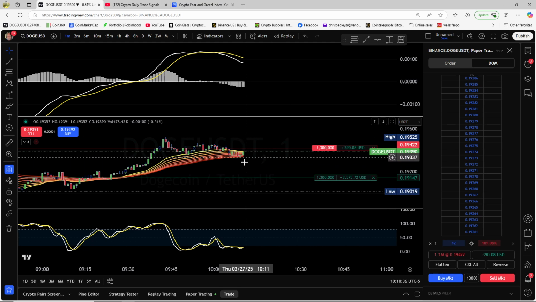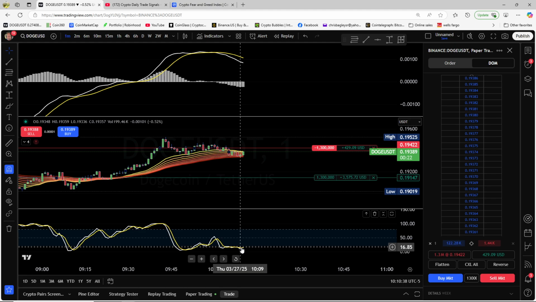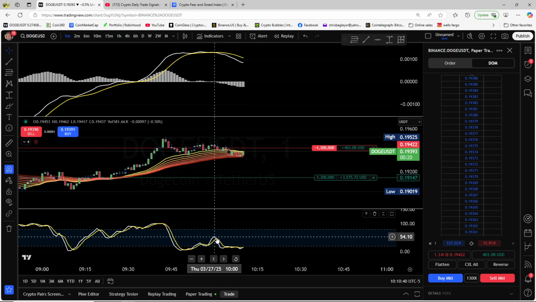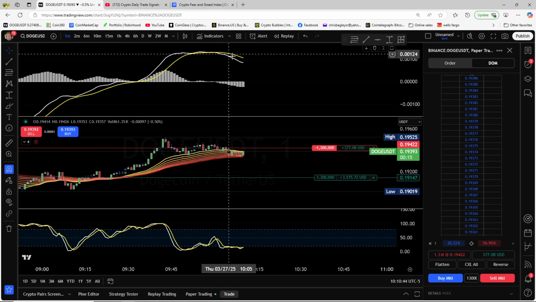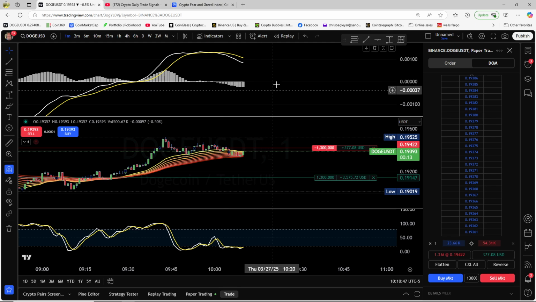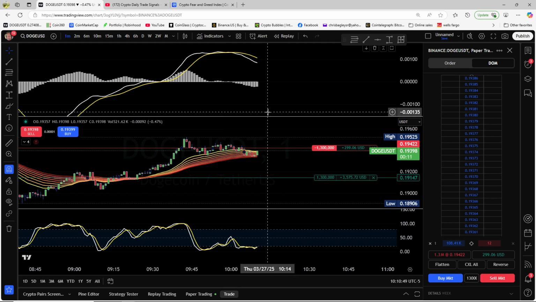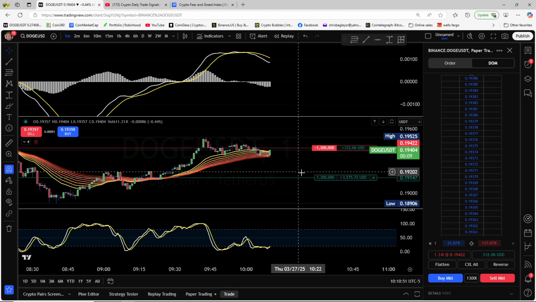Even as this comes up a little ways, this is probably going to do the same thing it did over here, just come up a little bit and then go back down again because IMACD is coming down. Doesn't have a choice but to just keep coming down.